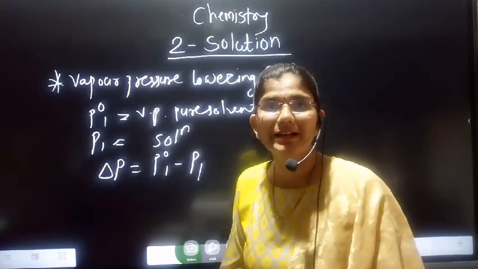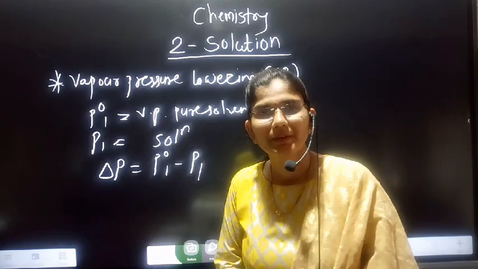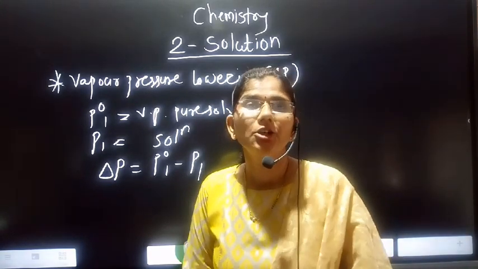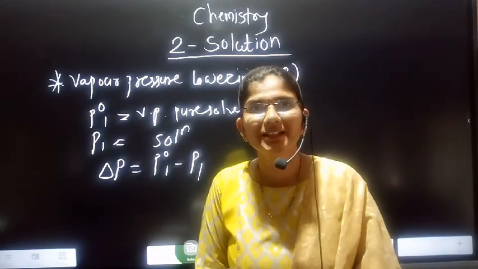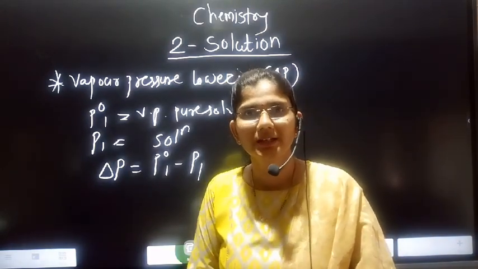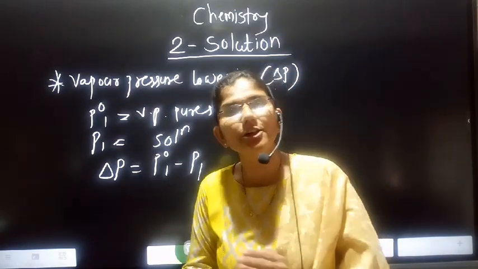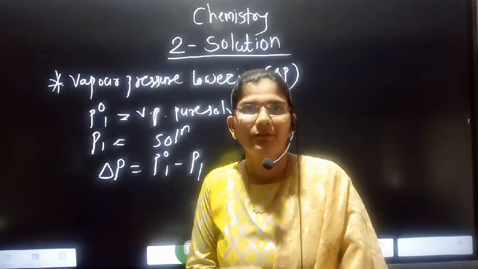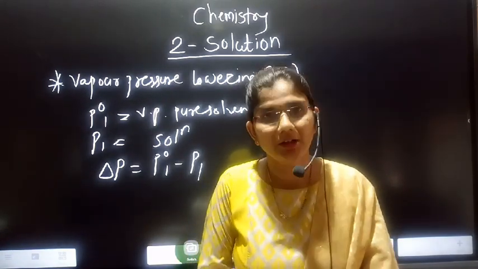It is called a lowering of vapor pressure because when we add a non-volatile, non-electrolyte solute to the solvent, it forms a solution, and the vapor pressure of the solution gets lowered.